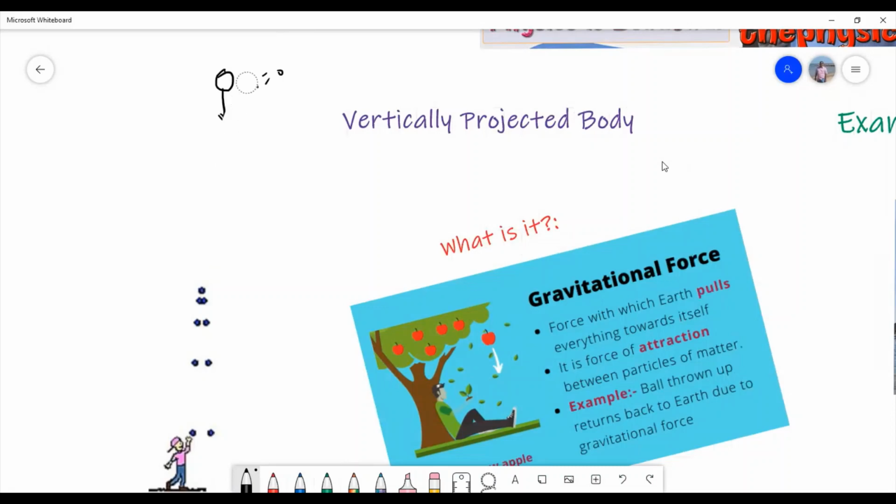But can I do the same thing in the upward case, the body projected upward? That means I have a body on the ground. It is there on the ground. Can it go by itself? So can it reach some height by itself? The answer is no. Why? Because here there is some resistance. What is that resistance? Earth is opposing the motion of the body.